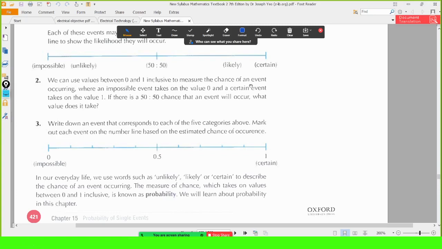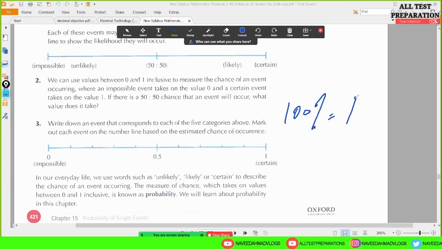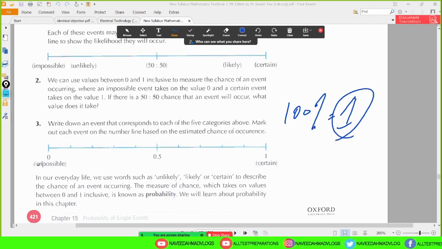In simple natural number that will be equal to 1, okay. 100% is equal to 1. Percent means per hundred, so converting it to a simple decimal, a simple whole number, it will be 1. So that will be either zero, impossible, or either certain, okay.